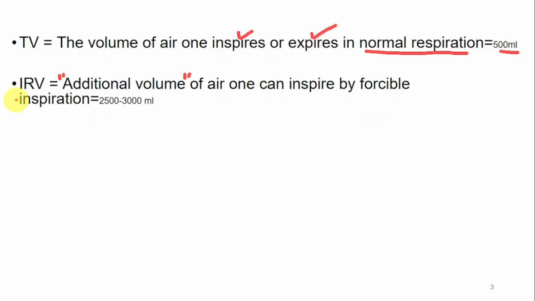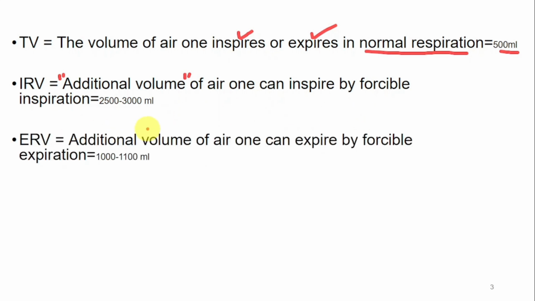Similarly, ERV will be expiratory reserve volume and the definition will go in this way: additional volume of air one can expire by forcible expiration. So here it is, ERV. Look at the volumes. IRV is 2500 to 3000 and this one is only 1000 to 1100 ml.